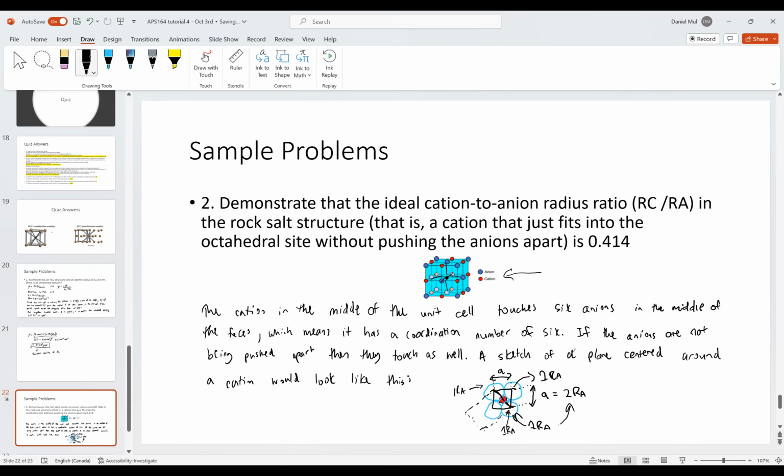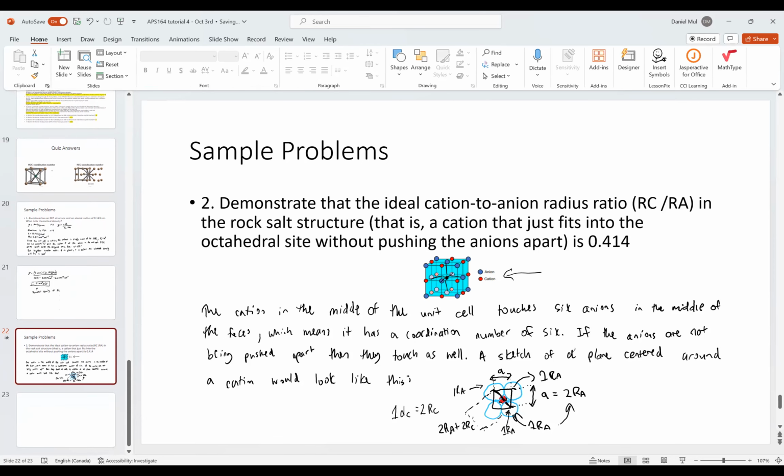And from this red here, we get 1 diameter of the cation, which is equal to 2 radius of cation. So the diagonal length is just 2 RA plus 2 RC.